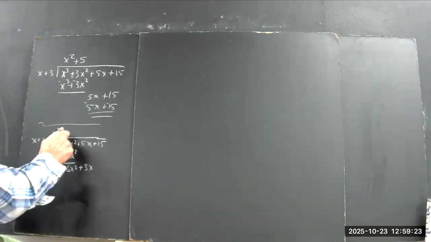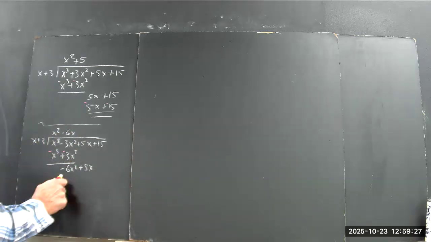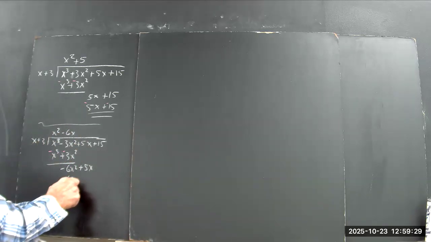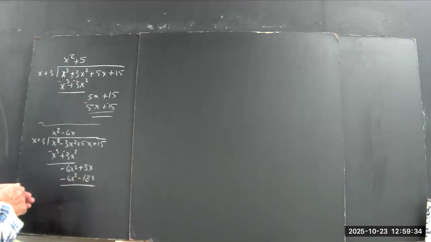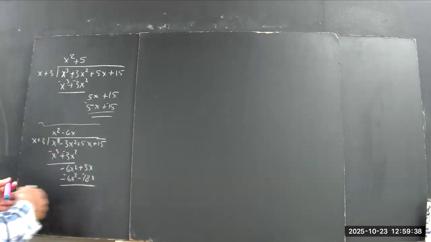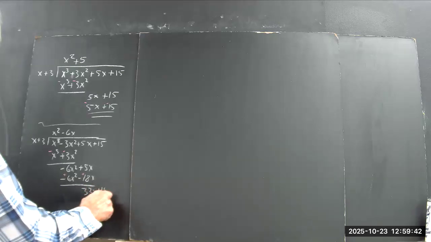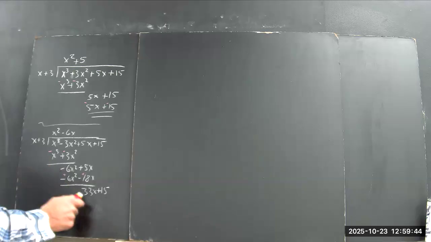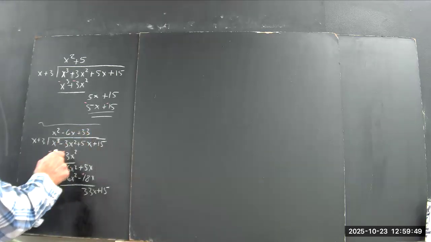X goes into negative 6x squared, negative 6x times. Multiply that back, you get negative 6x squared minus 18x. This is going to be a plus when you multiply it. So is this. It's going to give you 33x plus 15. X goes into 33x 33 times.